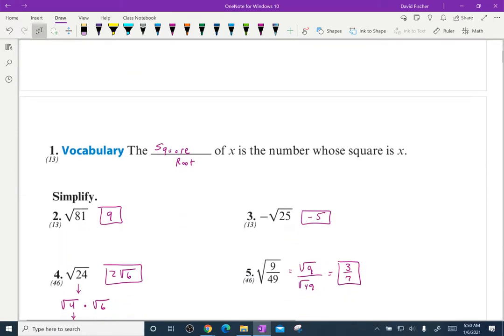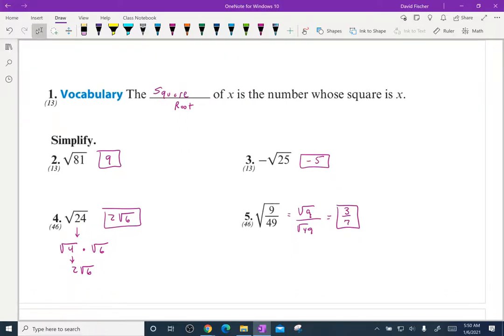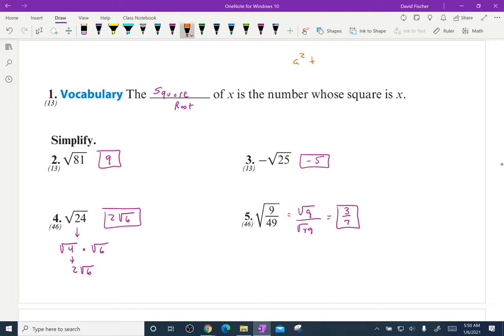Okay, so on these guys, you should have learned, like with the Pythagorean Theorem last year, when you did Pythagorean Theorem on triangles, you had something like a squared plus b squared equals c squared. And so then you squared these numbers, and let's say a was 3, that's how you got 9. And let's just say b was 4.